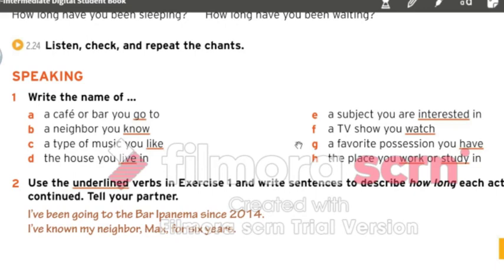For example, write the name of a cafe or bar you go to, a neighbor you know. A neighbor, remember guys, is the person who lives on the same street as you. It can be the person in front of your house, the person who lives next to your house. A type of music you like, pop music, rock music. Okay, so you have to write the name of at least one of each of these categories. Do it.